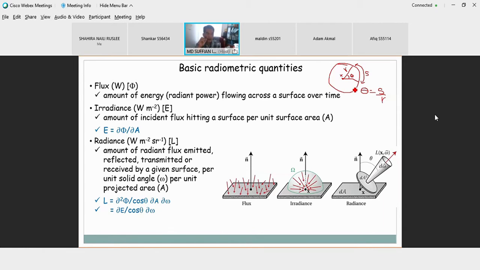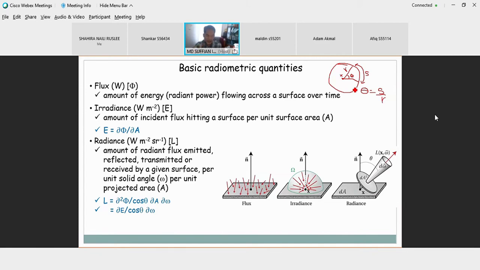Macam mana point of view kita, katakan pada sudut X, and point of view at the X point, so the field of view cover certain angle. Itu yang kita bagi sebagai solid angle.